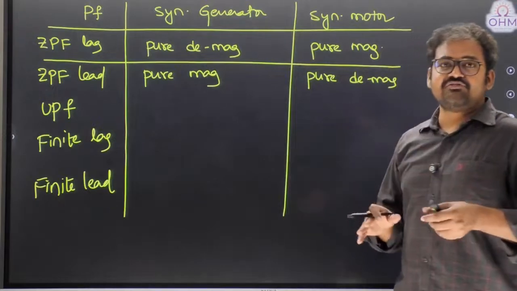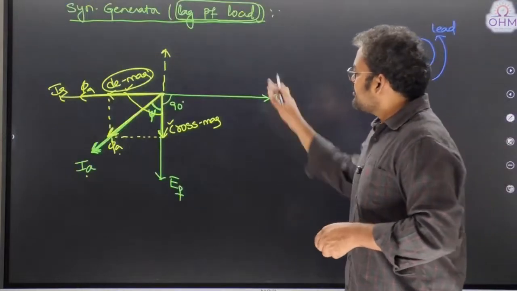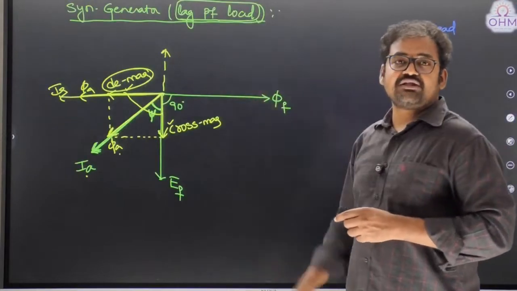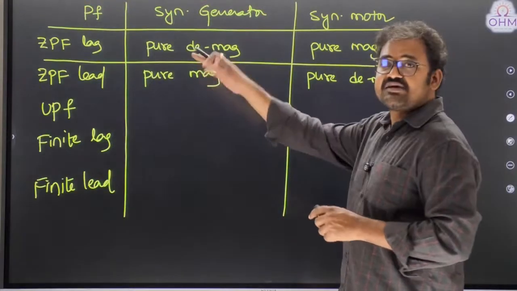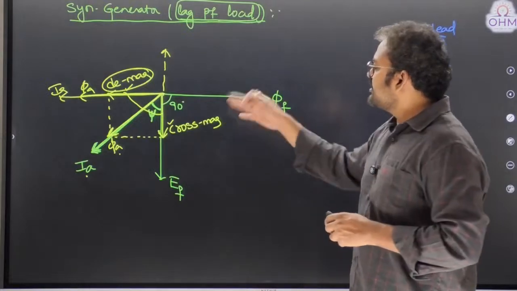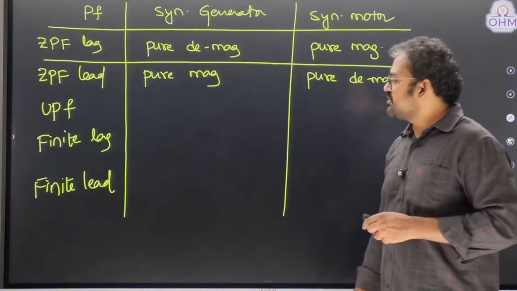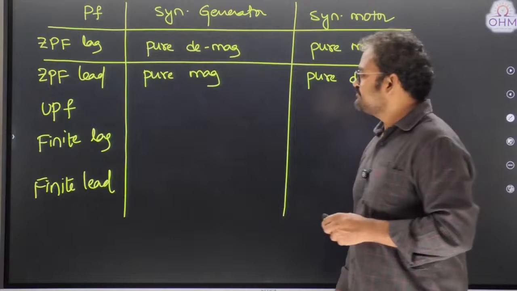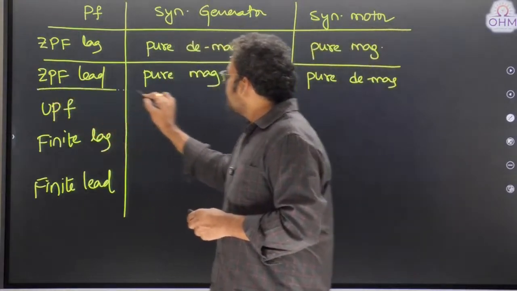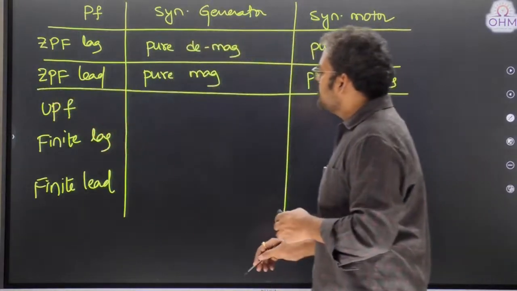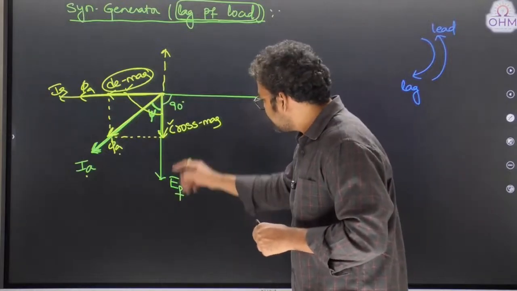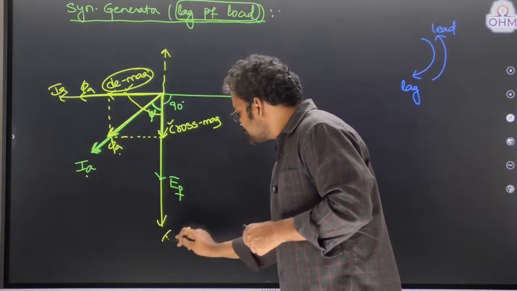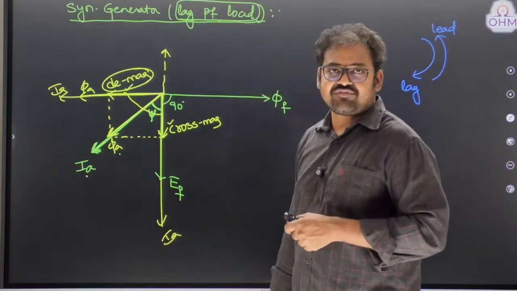Actually, for every individual power factor, you need to draw this phasor diagram so that you will get the answers easily. But we are not drawing all the phasor diagrams. One example phasor diagram I have drawn, so I hope you can implement the same concept to each and every power factor. Now, if you consider unity power factor, current will be in phase with voltage. See, voltage is here, then armature current is also in the same phase because of unity power factor.